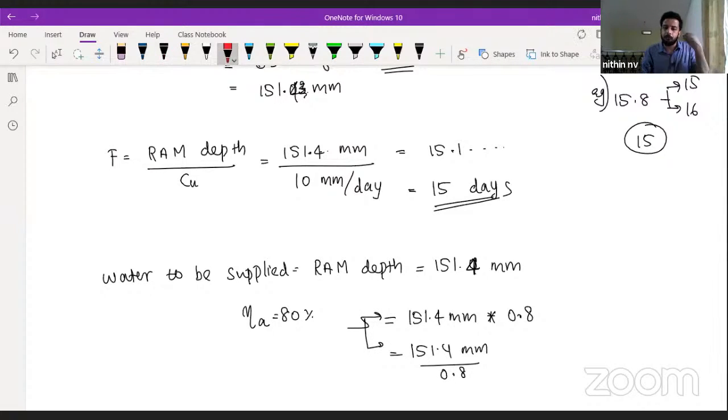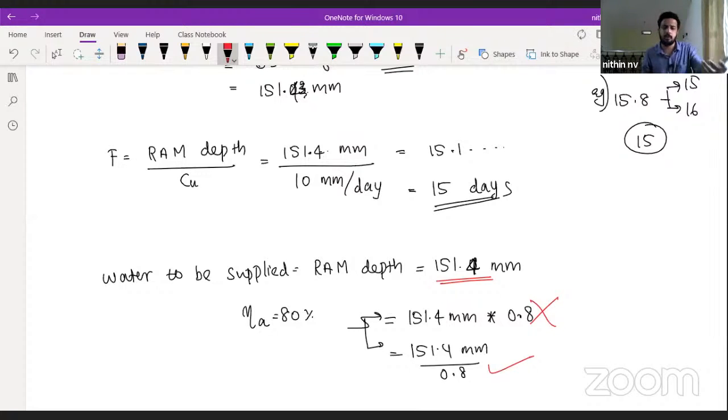That's why I told, if 20% is lost and we finally need 151.4 on the plant, should we give more water or less water? Very good. Obviously, we have to give more water. So in which case will we be giving more water? Yes, very good. Obviously, we have to divide it by the efficiency.